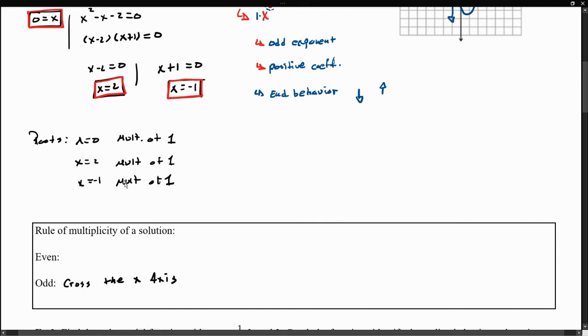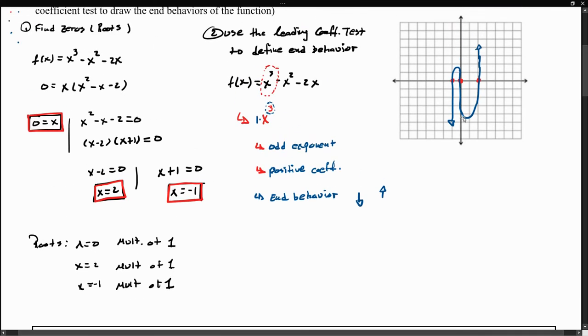What is crossing the x-axis? Well, the actual function itself. Because notice that here, since -1 had a multiplicity of 1, it crossed the x-axis. 0 had a multiplicity of 1, so it crossed the x-axis. 2 had a multiplicity of 1, so it crosses the x-axis.